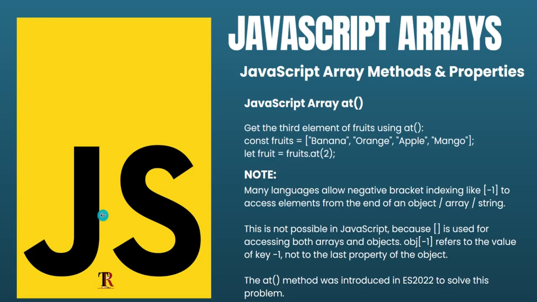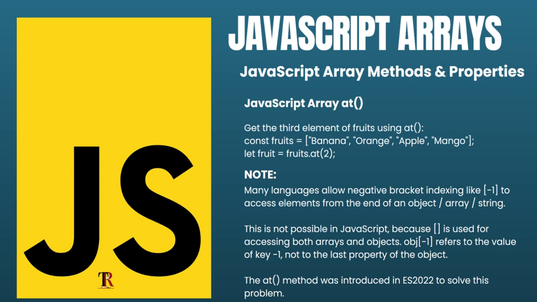They accept negative indexing like -1 to access elements from the end of an object. So with banana, apple, and so on, up to pineapple, the -1 will be used to access the last element in that array, which is the pineapple that we have. So many languages support the use of negative bracket indexing.